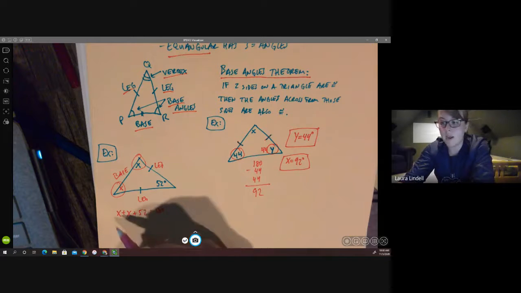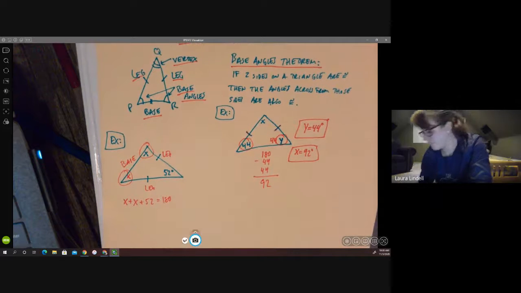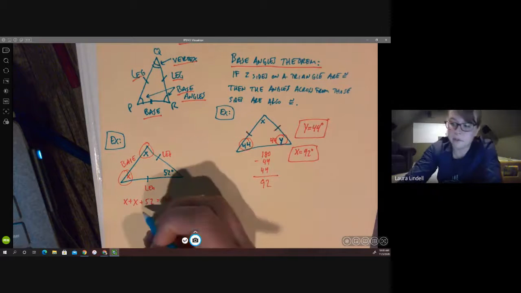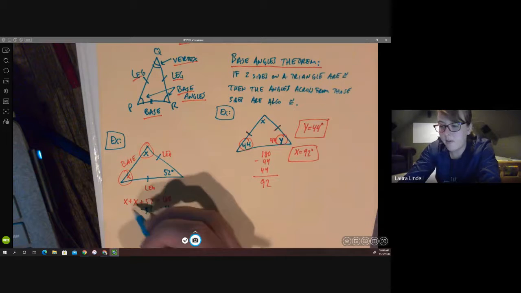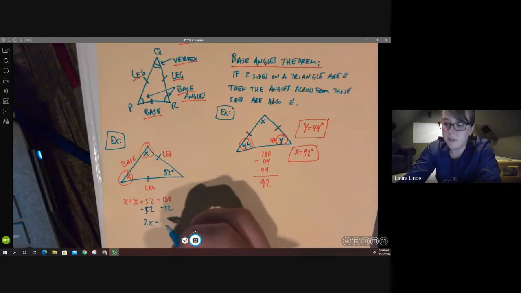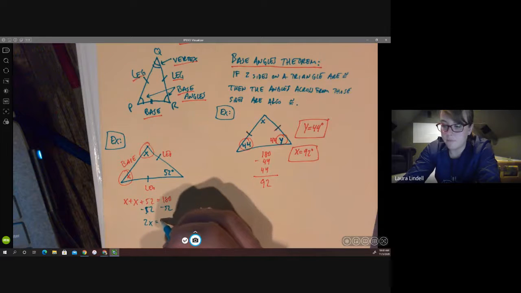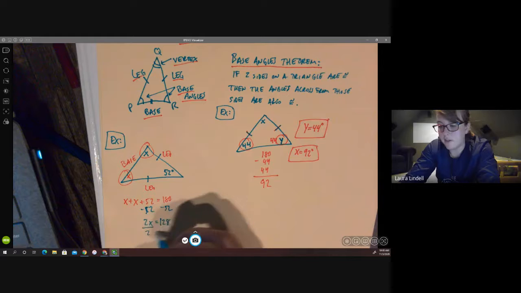Or you can write out the algebra and do it that way. Either way here, I'm going to subtract 52 from both sides and combine my like terms to get 2x equals 128, I believe. Yes. And then divide that by 2 to get 64 degrees.